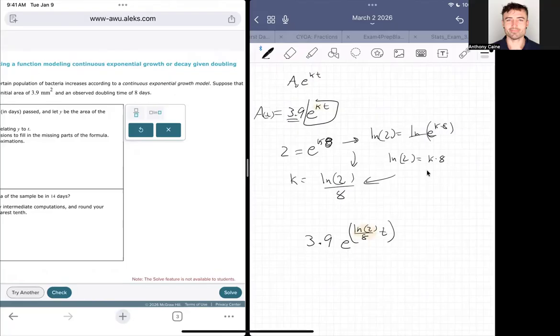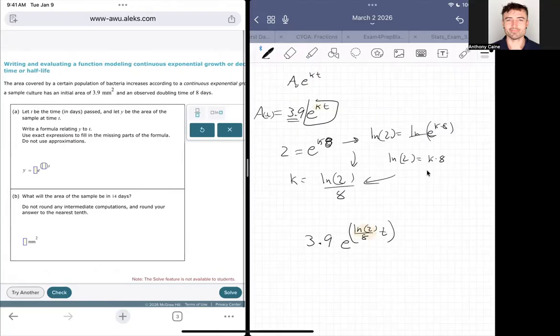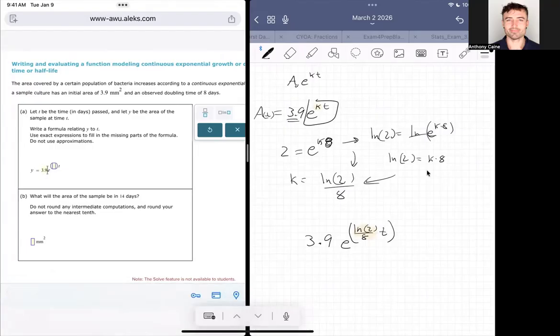Now we can clean this up, but we're encouraged to leave it in base e, so I'm going to go ahead and leave it like that. And it says use exact expressions, do not approximate. So when we write this, we need to write 3.9 up here. We need to write natural log of 2 over 8.